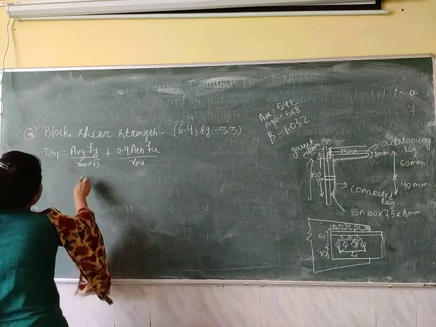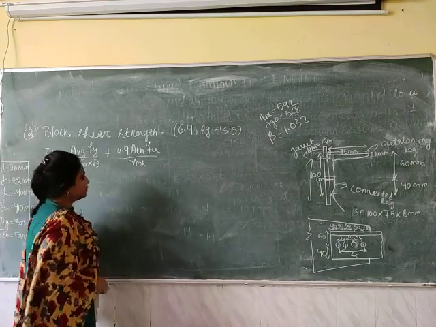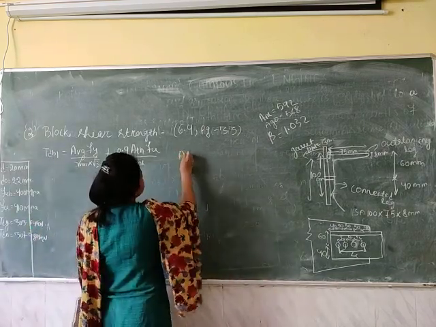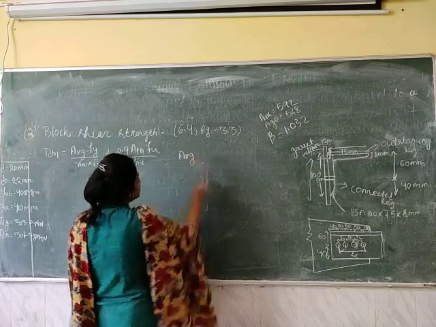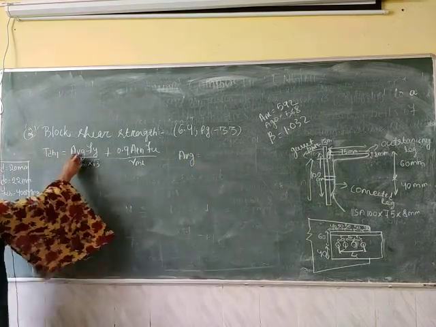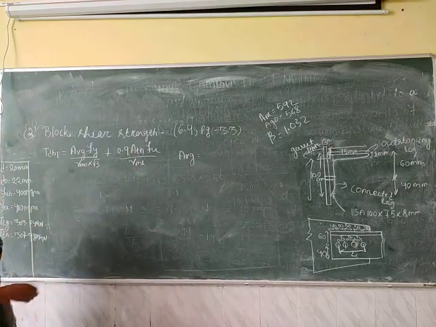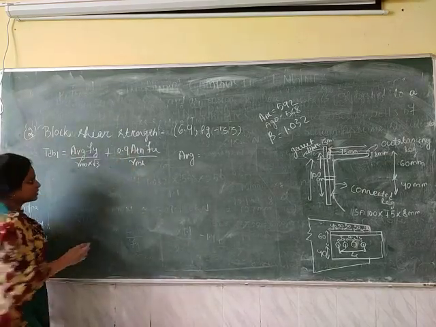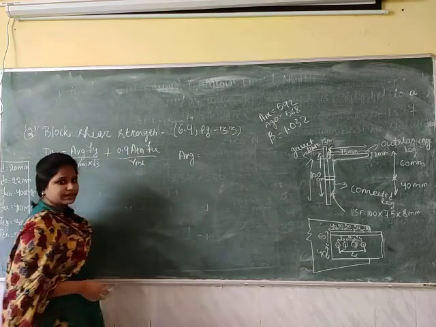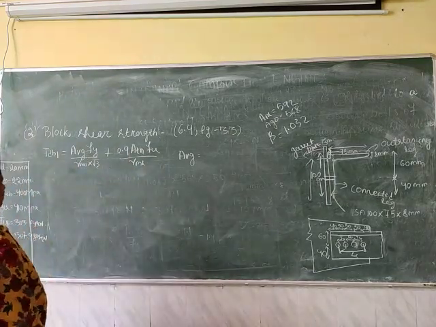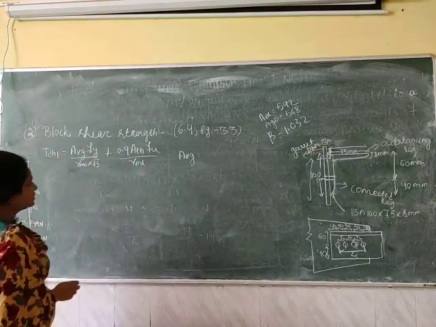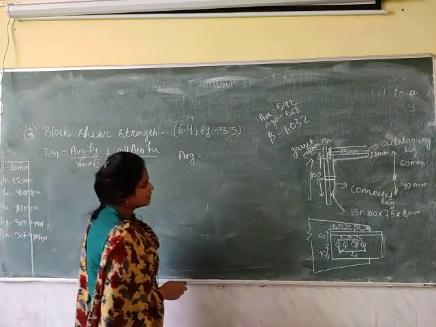So here calculate the AVG. V stands for shear, T stands for tensile section, G stands for gross section, and N stands for net section, net area. So AVG is the gross area of the shear section.